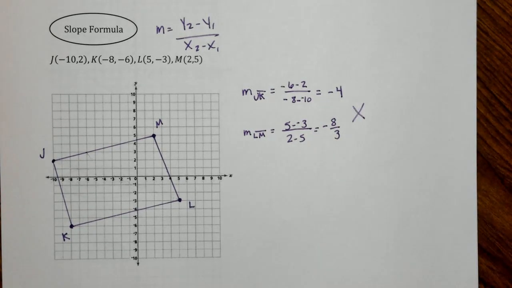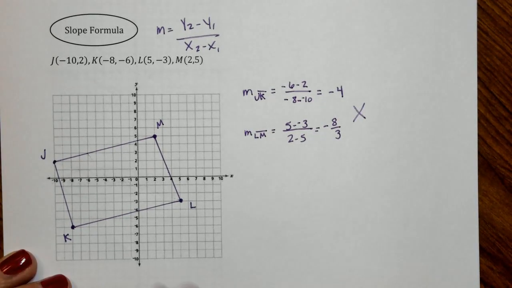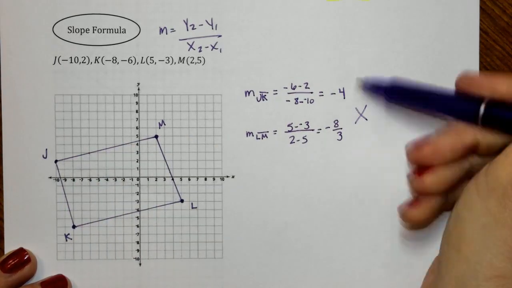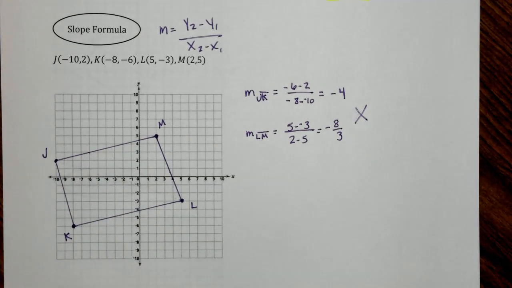You don't have to check the other two. If you double check this work to make sure that you are correct, then you don't need to check the other two, because these two are not parallel. You do not have a rectangle. If you check two and they are parallel, you have to check the other two. That's the difference there.